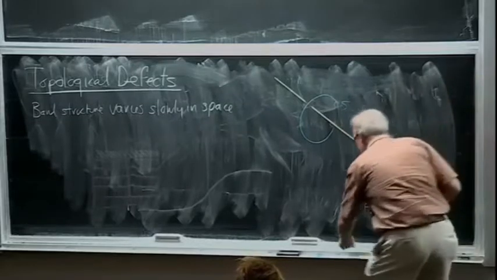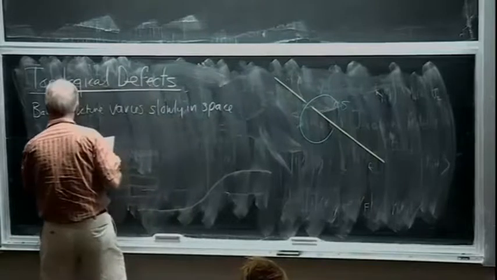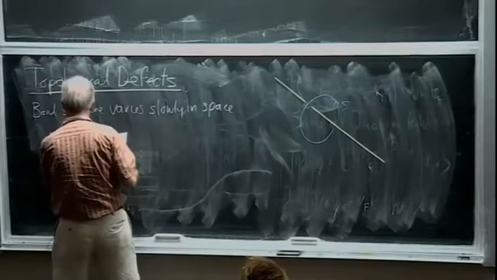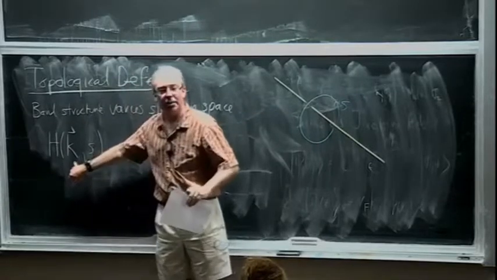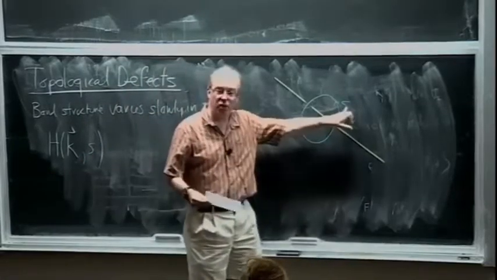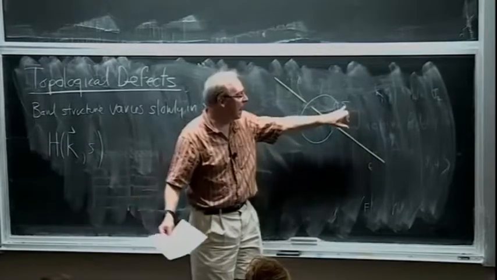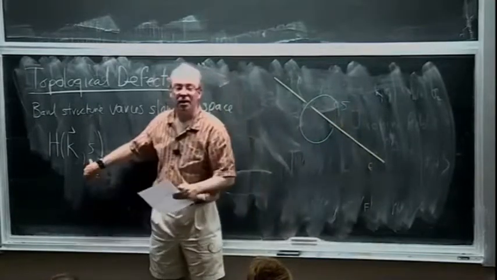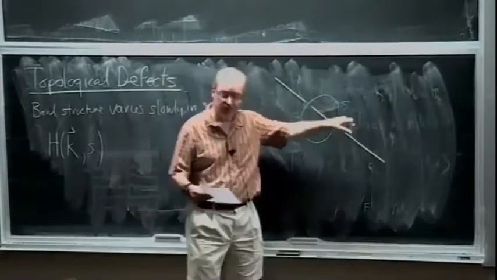So what I have is a Hamiltonian which at every point on this circle is a band structure that is a function of kx, ky, and kz, but now varies as a function of s going around this circle.